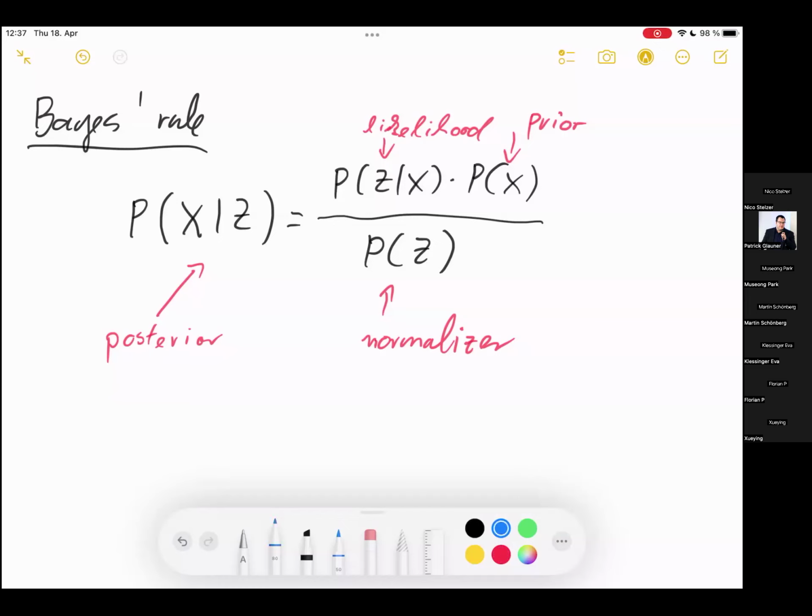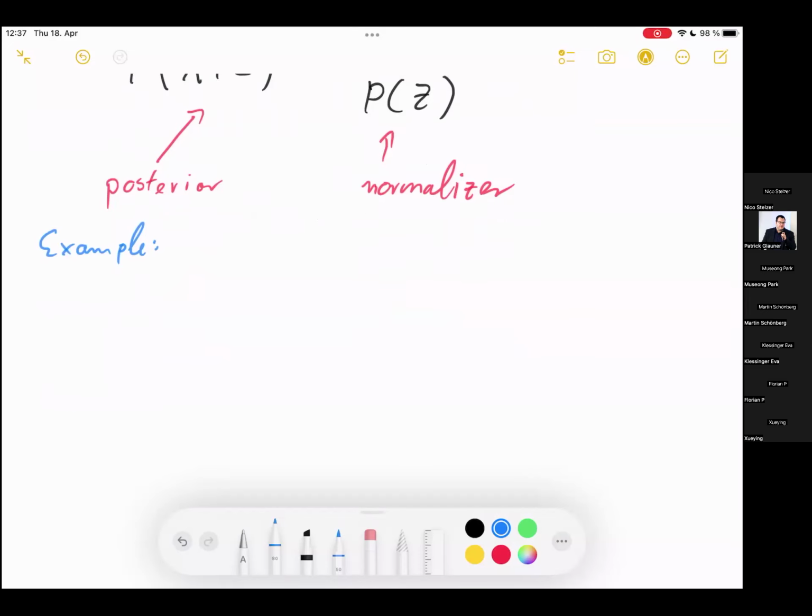We'll have an example now. So our example was something like, we said 0.8% of people have this disease. So it's a rare disease. You can say the probability of the disease, independently of any testing, is 0.8%, so 0.008.